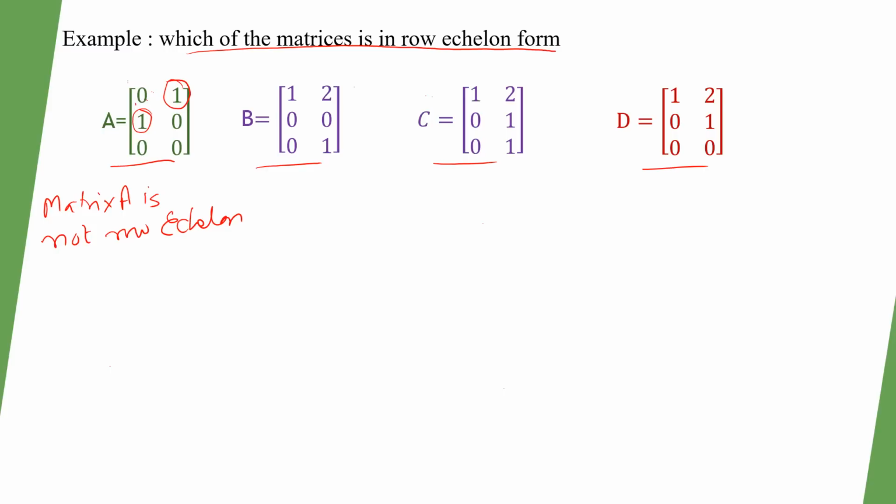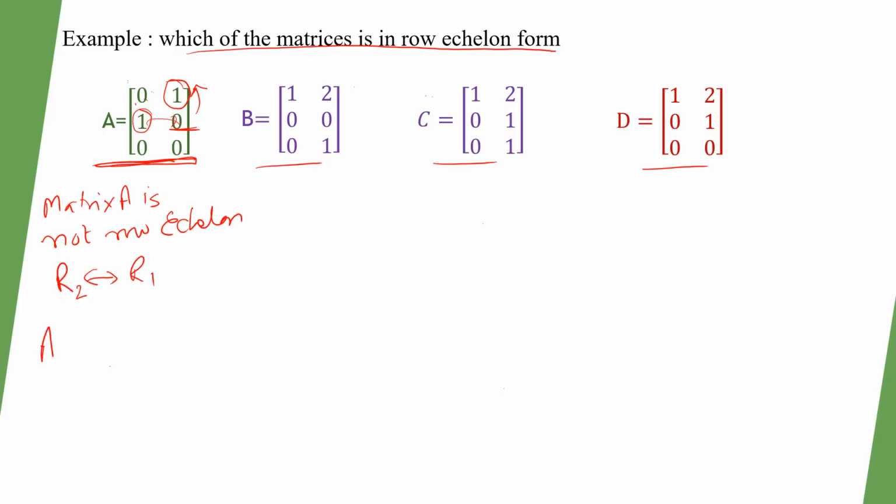And by the definition, we know the leading element of a non-zero row is always strictly to the right of the leading element of the row above. So if we want to convert that matrix into a row echelon form, what we do is just interchange R2 with R1.